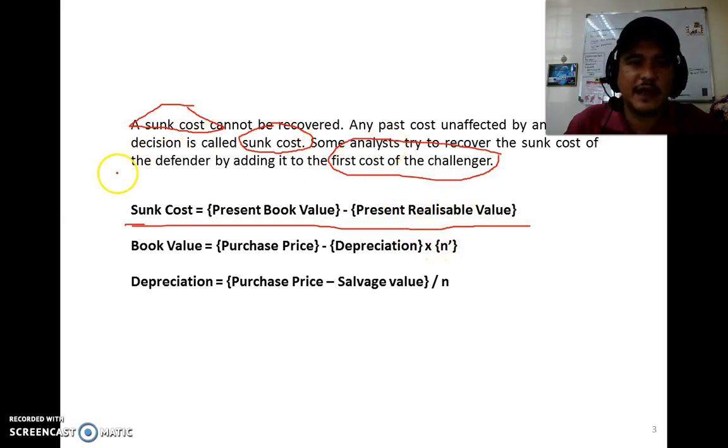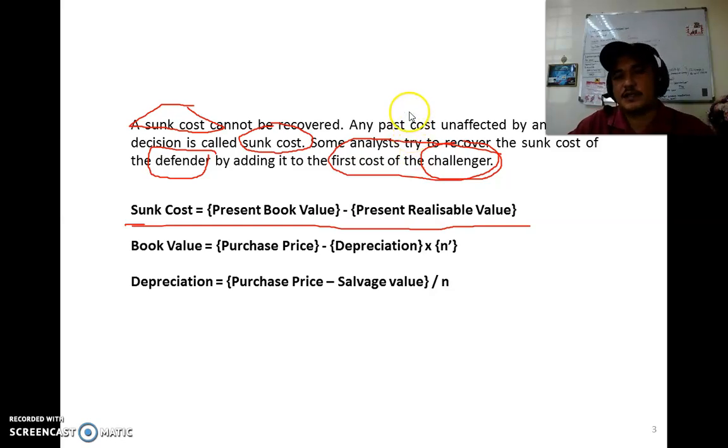So we have here 2 parties, defender and challenger. What is a defender and what is a challenger? Defender is the owner of the machine. Challenger is the supplier who wants to supply us a machine.